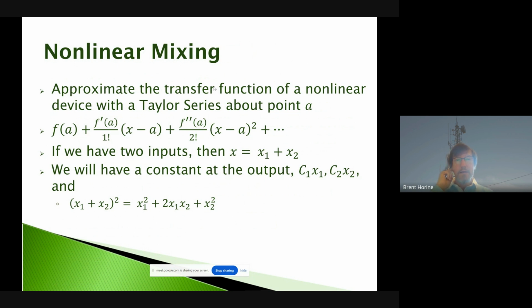It's going to have higher terms in its Taylor series about this point, or we could maybe simplify it from a Taylor series to just look at a power series, right? So normally the output of a system, let's say an amplifier, would be just some constant gain times the input, right?